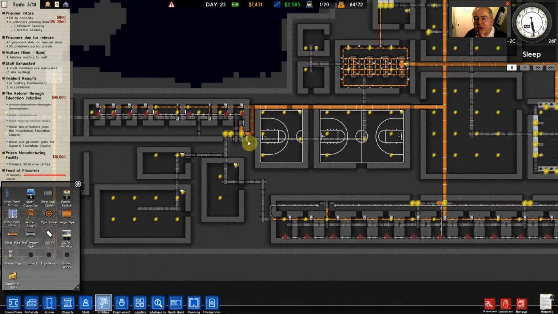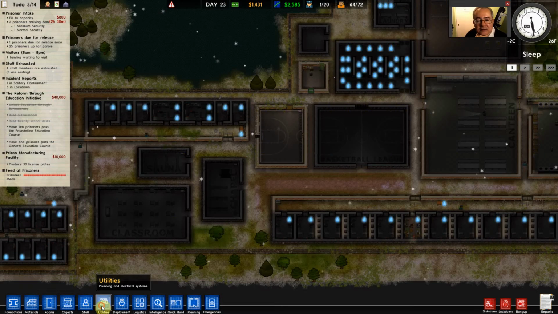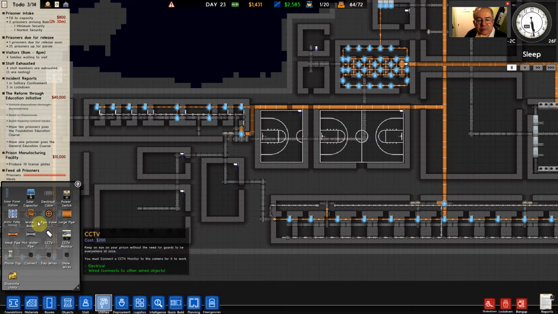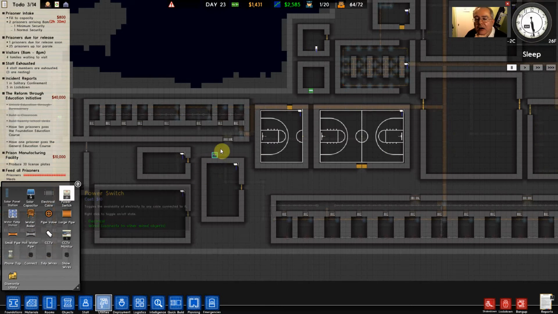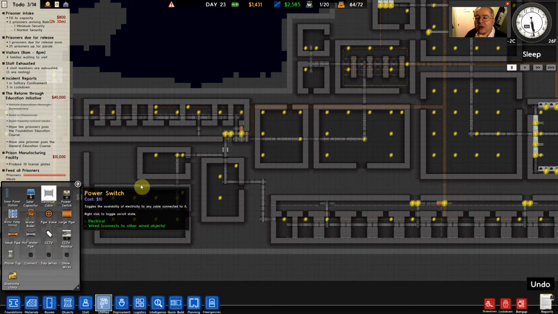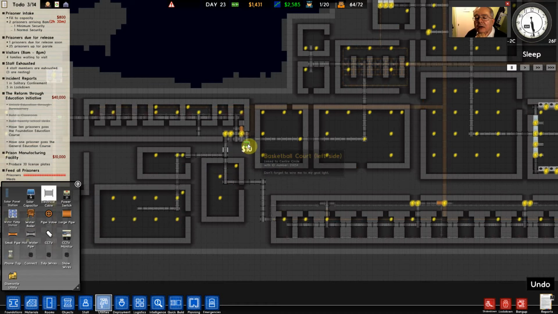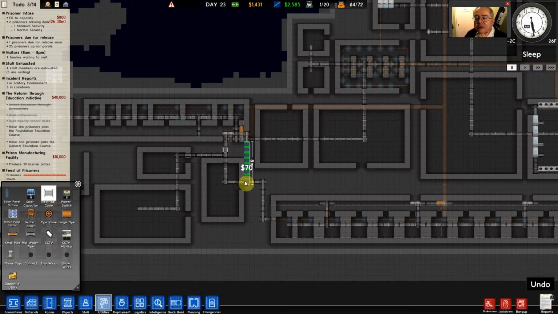I should put some more cabling down here so I can bypass all this slot by putting a switch in there. Yes, so let's just bung a switch in there. And then put electrical cable down here, so I can supply this lot.